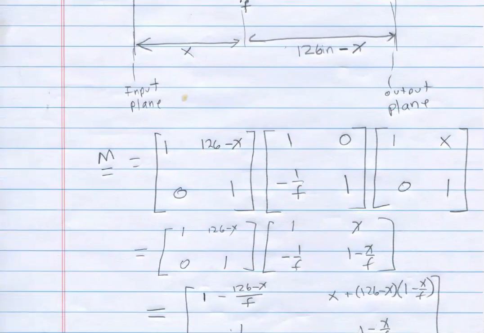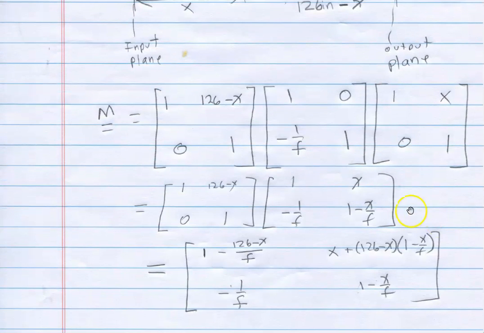And then I multiplied these out. The first one is pretty easy. The second one simply becomes minus 1 over f, and then the only one of substance really is this last one, which is I'll get 1 times 1 minus x over f, and that's this one here.